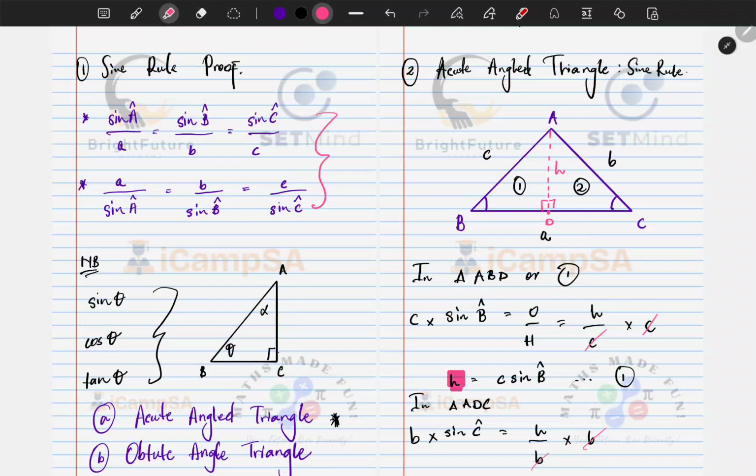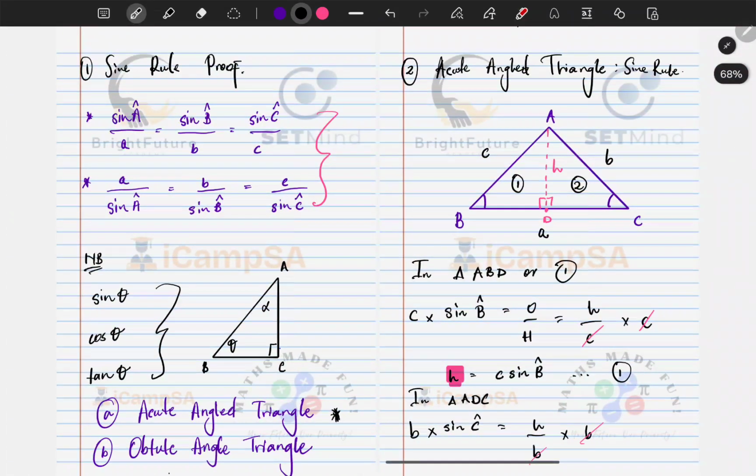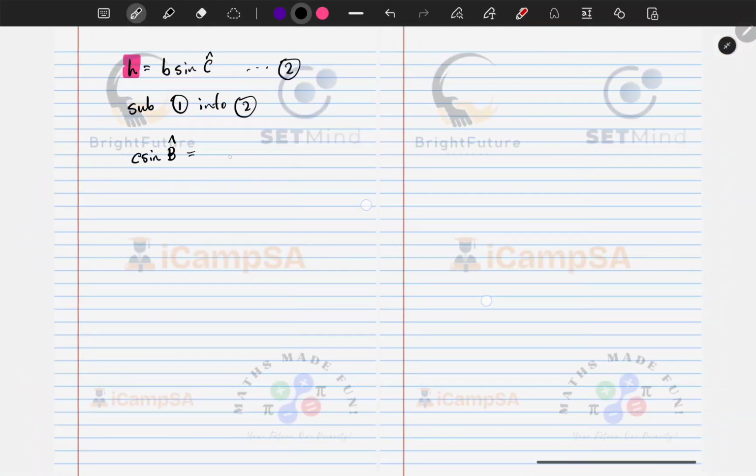So equation 1 is c sine b equals, and then my equation 2 is b sine c, right? And now what I'm going to do is, remember what I want, right?